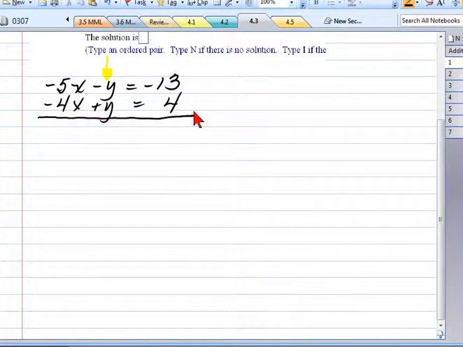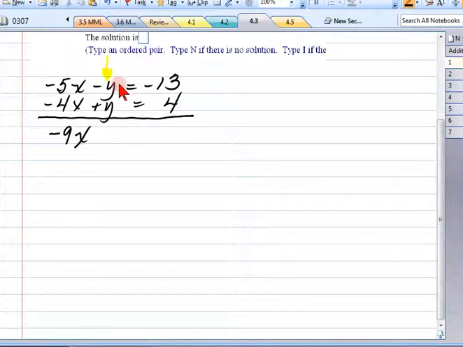Now, the name of this method is addition. Well, that tells you what to do. You're going to add the two equations together. And you want to make sure that like terms have been lined up, and they are. What is negative 5x plus negative 4x? Negative 9x.